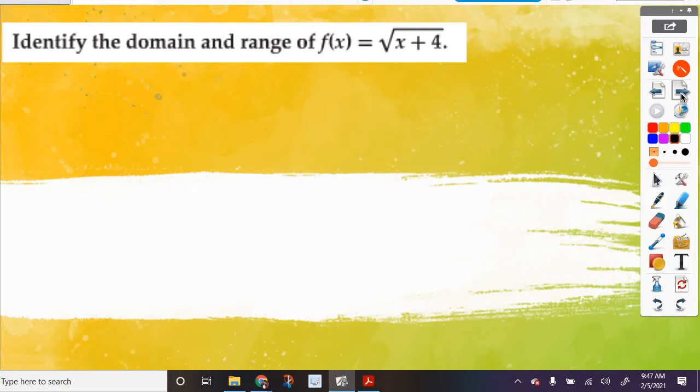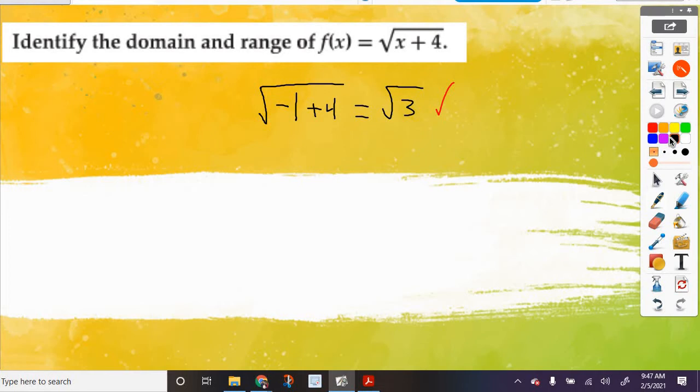So it's not just that x has to be greater than or equal to 0 in this case, because notice that if I plugged in, say, -1, for x, we would get the square root of 3. Now, that's not like a nice, pretty answer, but it does still work. So we know that my domain needs to be adjusted a little bit.